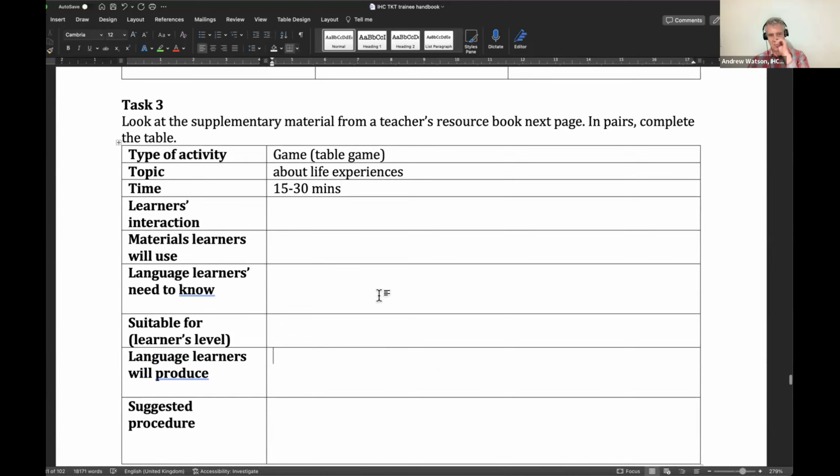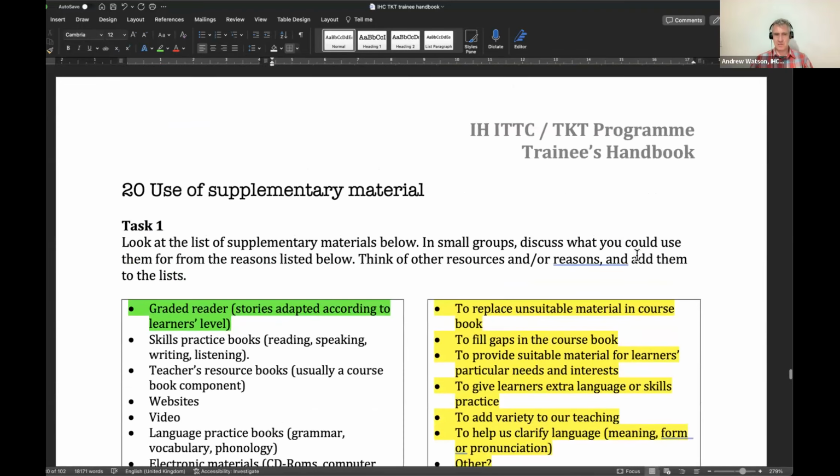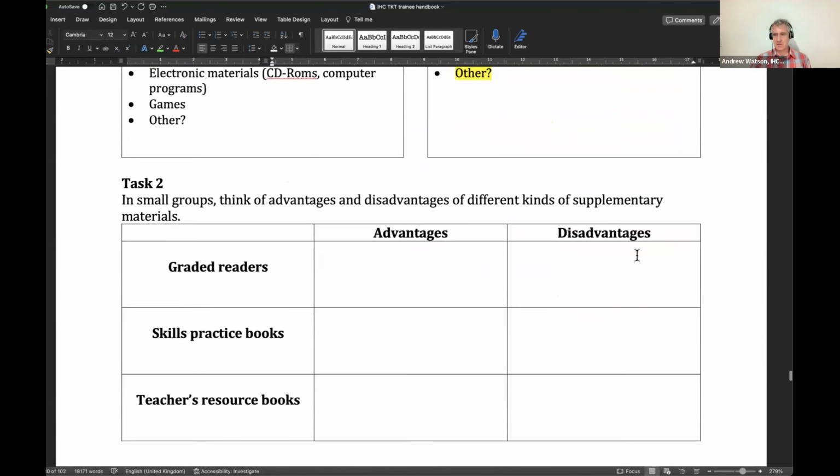Okay, so I'd like you to work together. Perhaps one of you could be the scribe or the writer. Can we have a volunteer to be the writer? Any volunteers? No one wants to write. I can write. Anna Maria, if you can write, okay? So you have the handbook ready. It's unit 20.